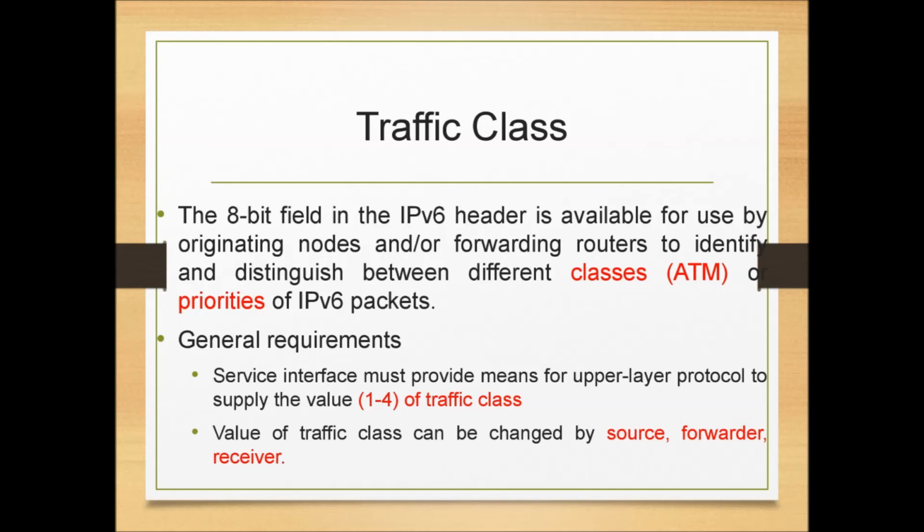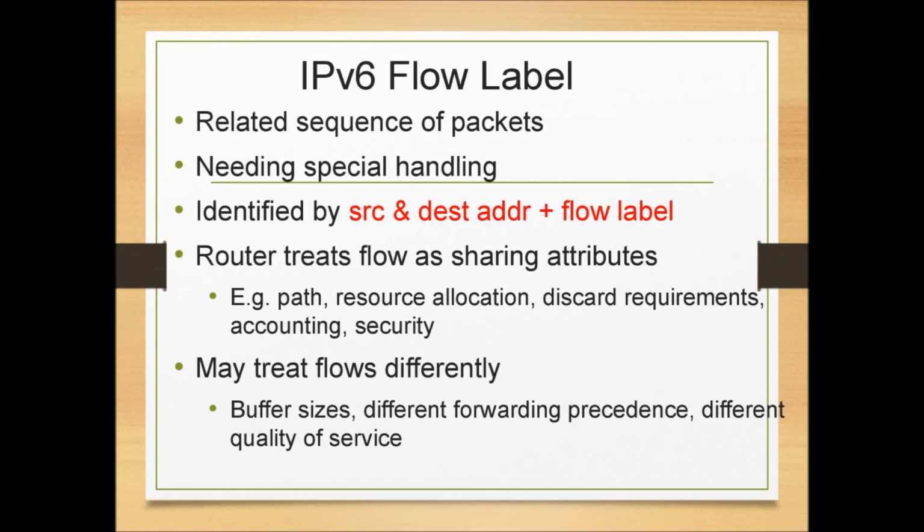The value of traffic class can be changed by source, forwarder or receiver. Value of class change means if you are going to use CBR, then the requirement of the CBR is a very high class of service. If the user wants to switch from CBR to VBR, then this will be changed.